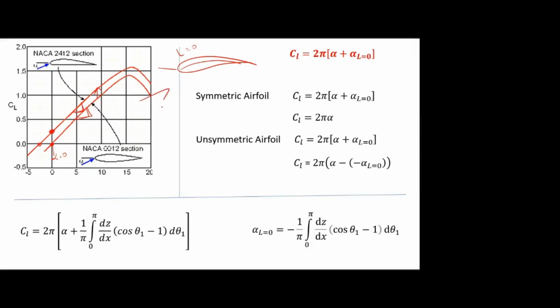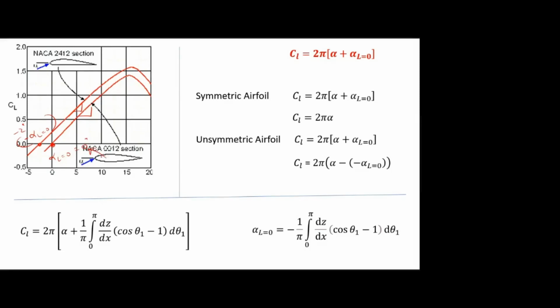Is that clear? So slope is same for both curves, but for symmetrical, alpha L is equal to 0 is 0, but for unsymmetrical, alpha L is equal to 0 is some negative value, maybe minus 2 degree, like that. But here it is always 0 degree, alpha L is equal to 0 for symmetrical.